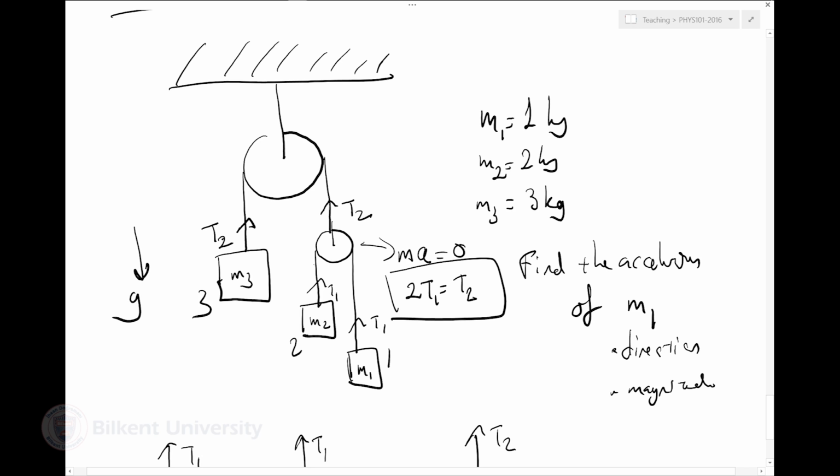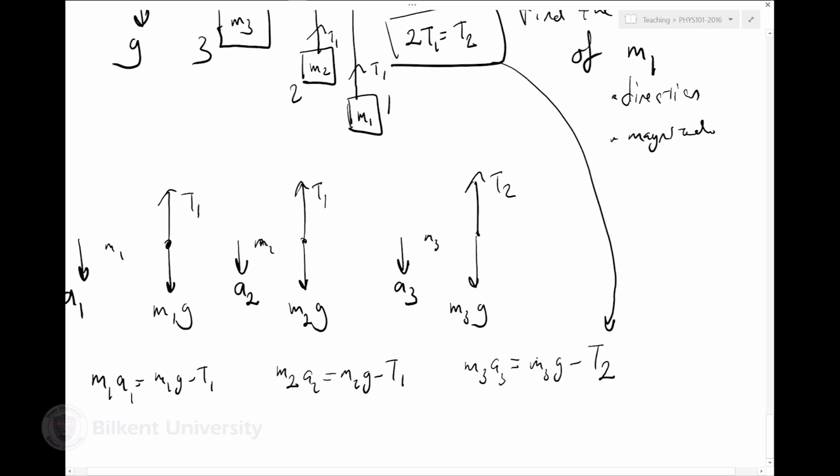Okay, that's good. I've reduced one of my unknowns. So here I have 4 unknowns and 3 equations. I need one more equation. And that equation better connect A1, A2, and A3 with each other.